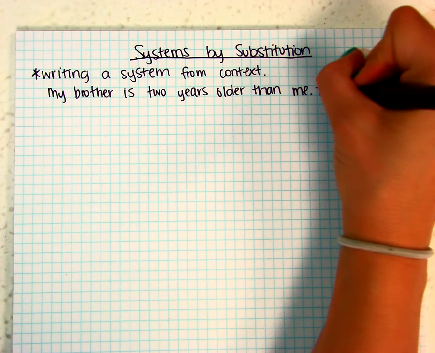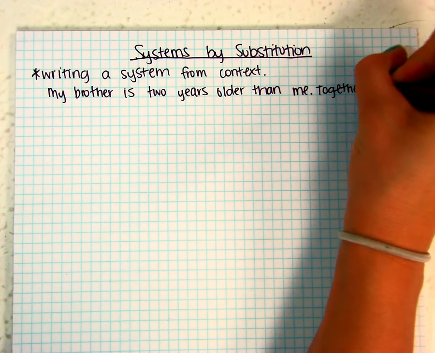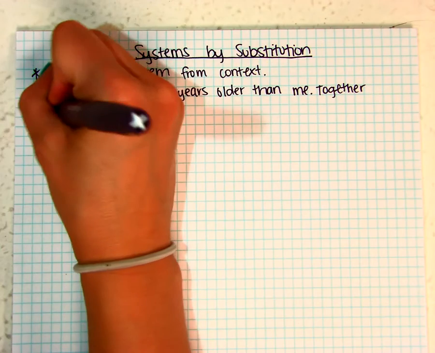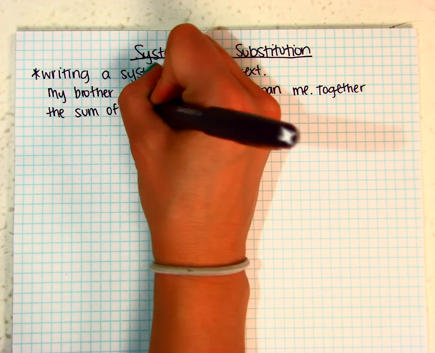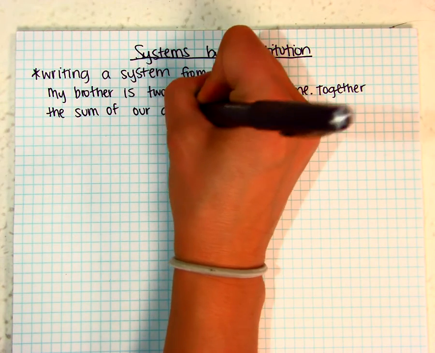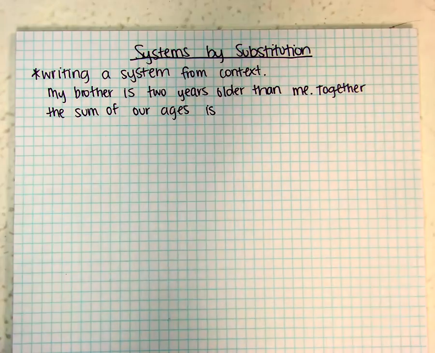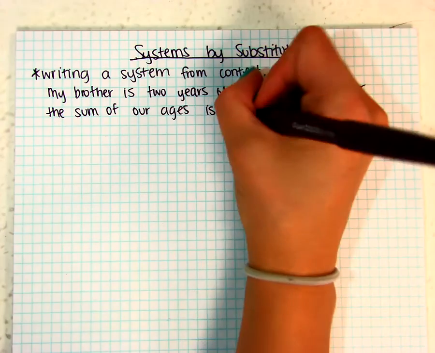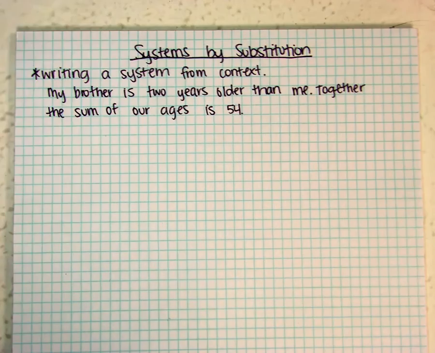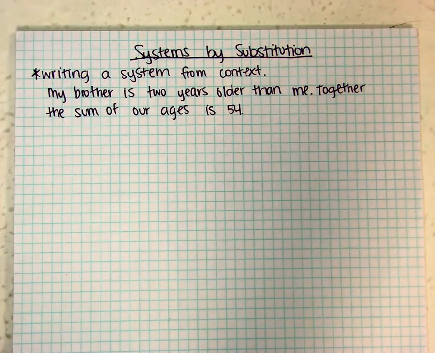Together, the sum of our ages is, let's see, 54. Alright? So we need to be able to write the equations before we can solve them.